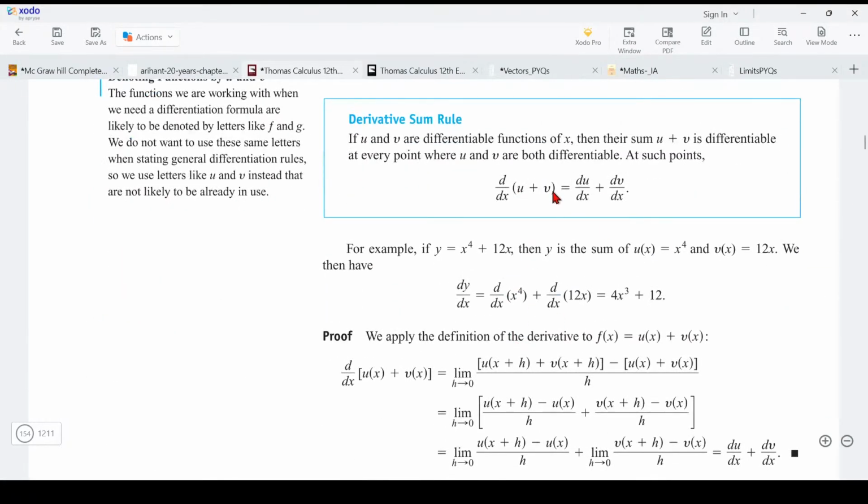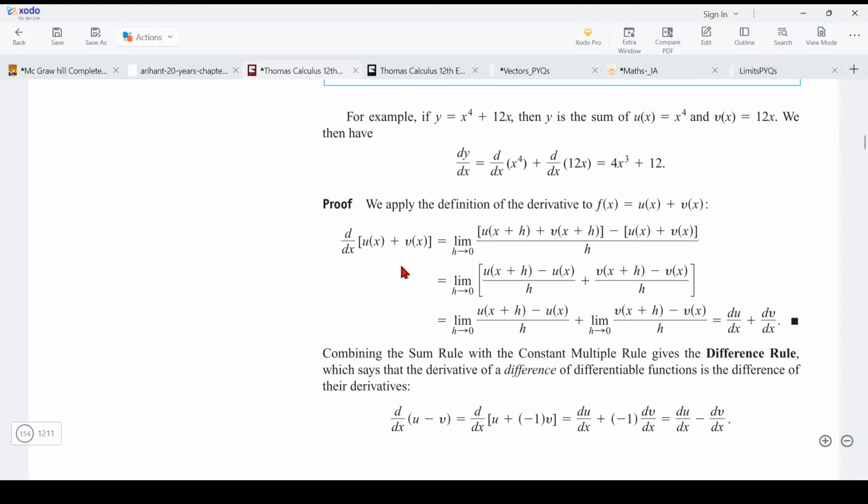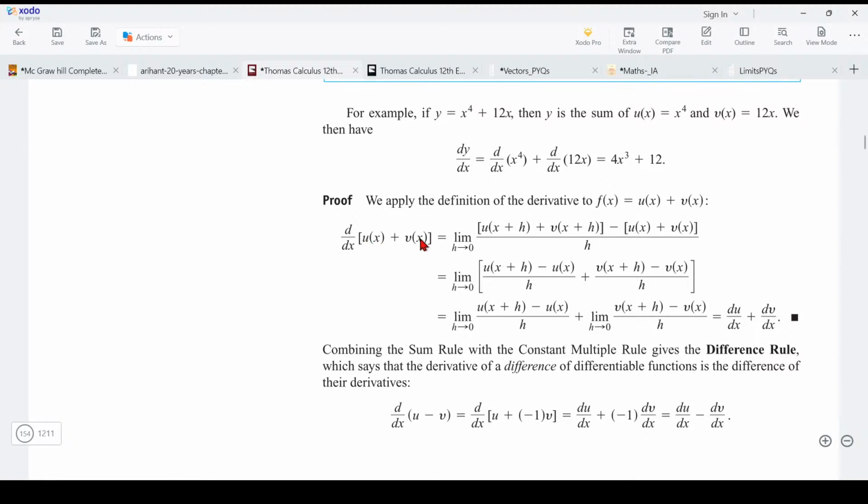For the derivative of the addition of two functions, we can do the derivatives and add, as long as both are differentiable at all the places we are talking about. How do we verify this? If you assume u plus v is a function, say g, then the derivative is g of x plus h minus g of x by h, right?